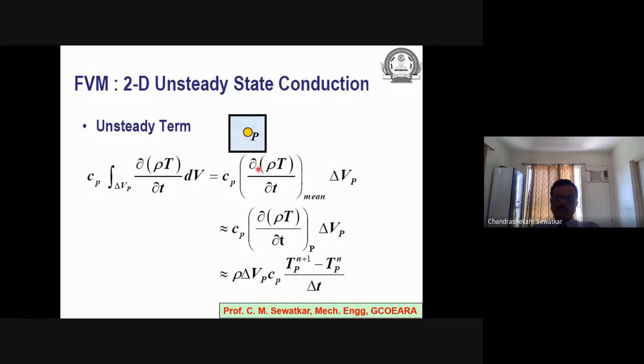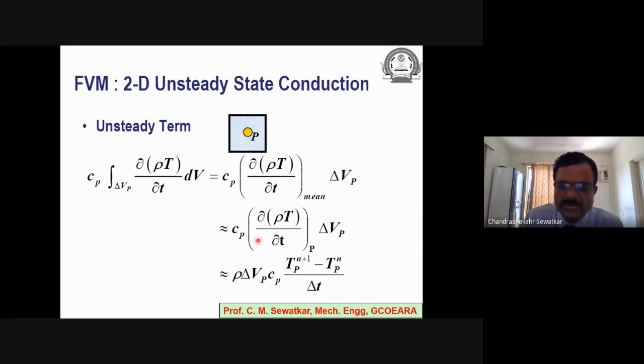We further assume, and we introduce the approximation here, that this mean is also equal to the value of the derivative at point P. So this equation now changes to Cp into del by del T of rho T at point P into delta Vp.